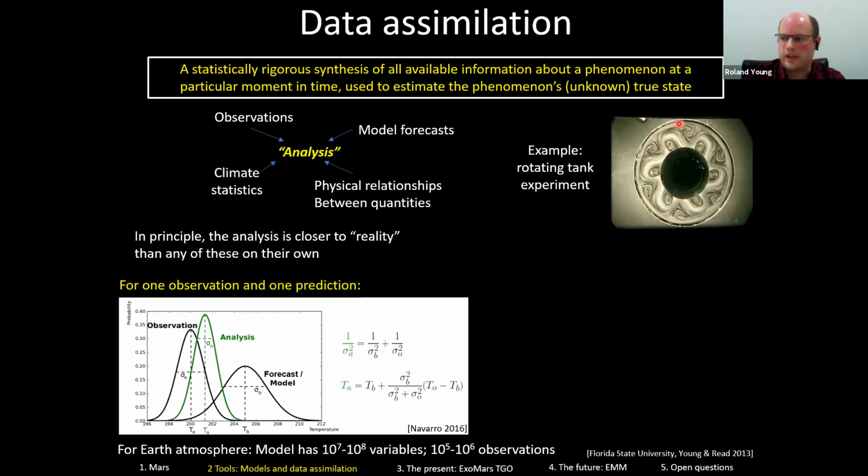You can think of a planet's atmosphere, which is on a sphere, being deformed into a cylinder, and this is not actually a bad approximation. Then you can think of the outer cylinder as the low latitudes where it's warm, and the inner cylinder as the higher latitudes where it's cold. You run the experiment, and it reproduces quite a lot of the large-scale behavior that you see in planetary atmospheres.